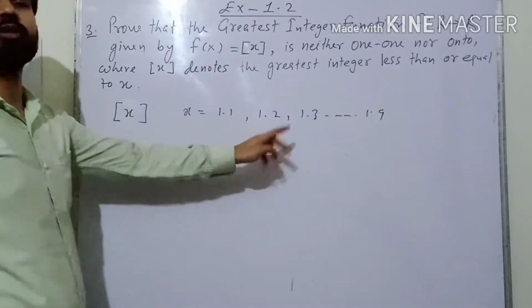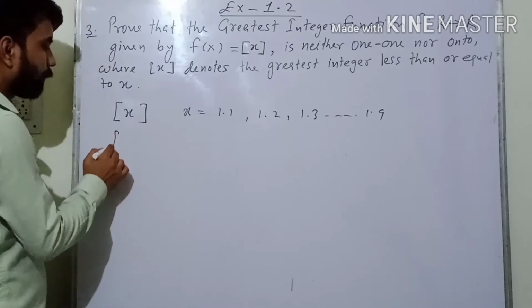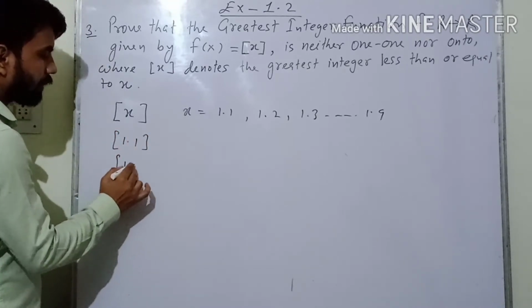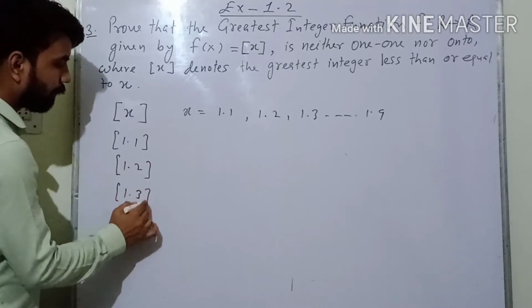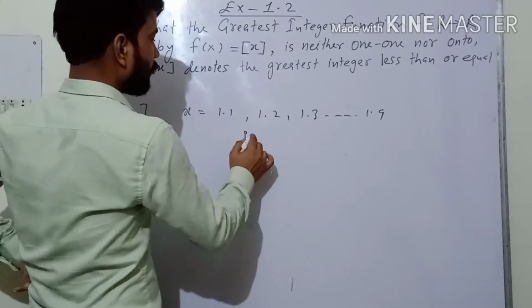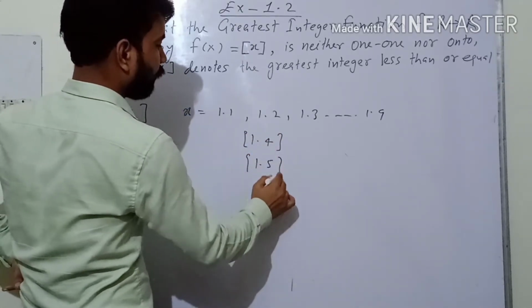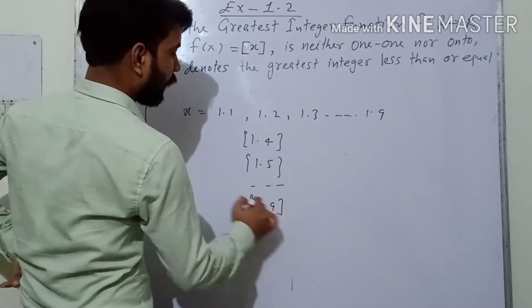These are the values of x. So the values of greatest integer 1.1, greatest integer 1.2, greatest integer 1.3, greatest integer 1.4, greatest integer 1.5 and so on up to greatest integer 1.9.